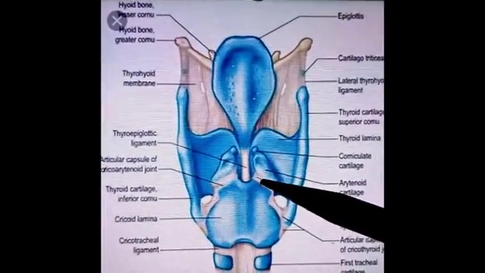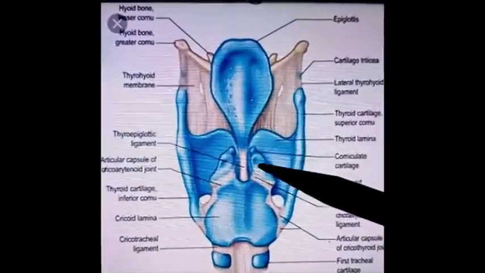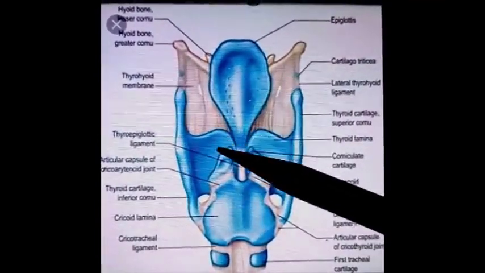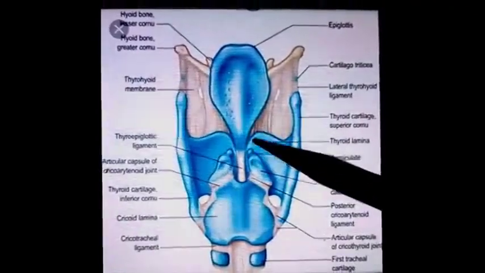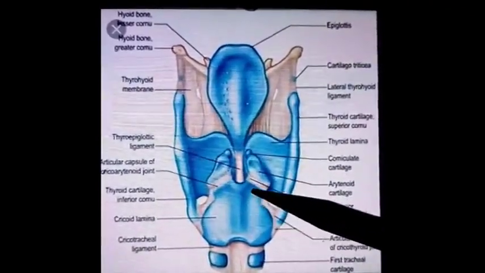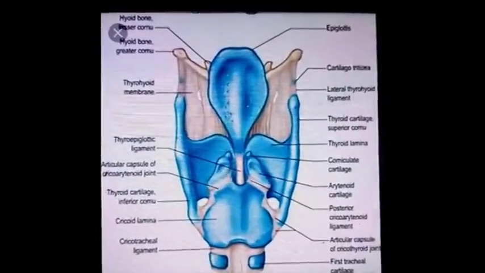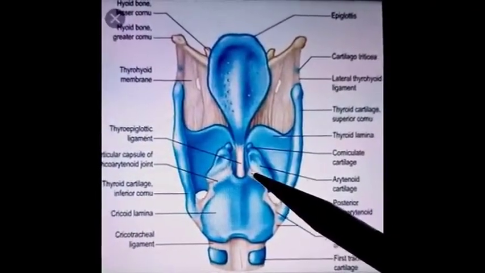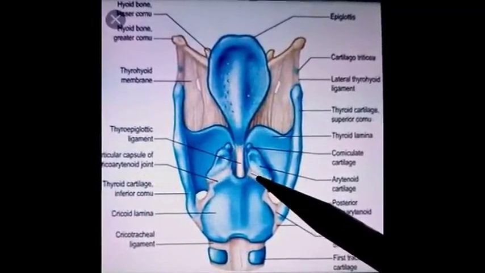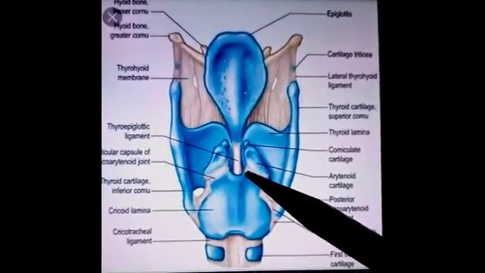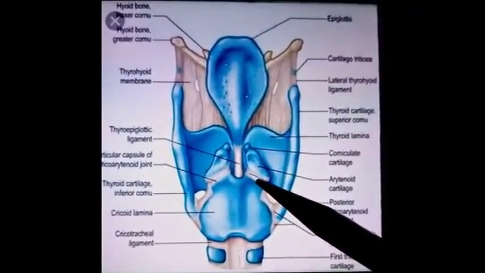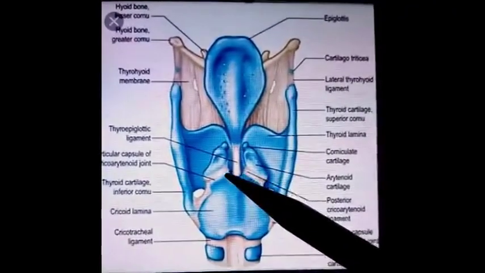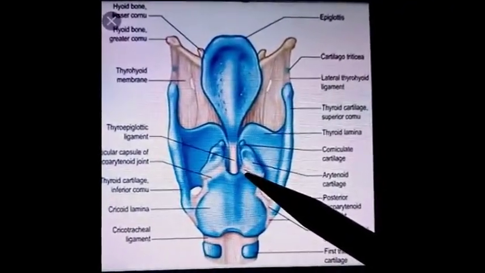Here the rotatory movements take place along a vertical axis, which passes through both the joints. It allows movement of the arytenoid cartilage on the cricoid ring for vocal fold abduction and adduction.